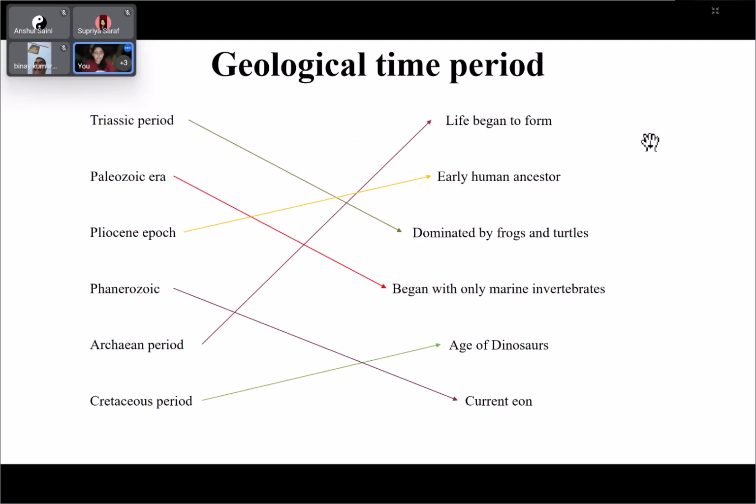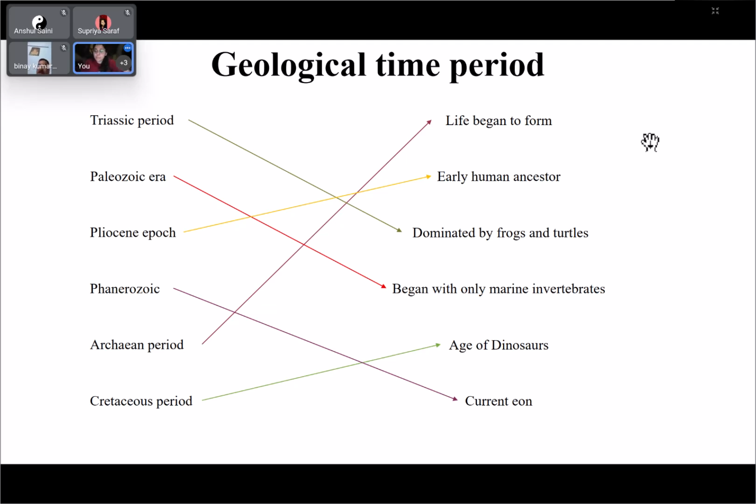Now, when you are talking about Earth and its development and past, you have the geological time period, and this geological time period has been divided into several different units. You have eras, you have epochs, you have periods, you have ages. All these different names that I just took, classification, they are all important from different specific events like extinction, mass extinction basically reduced the biodiversity by a huge number.